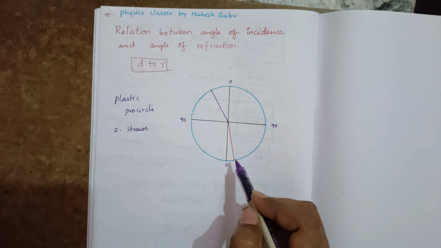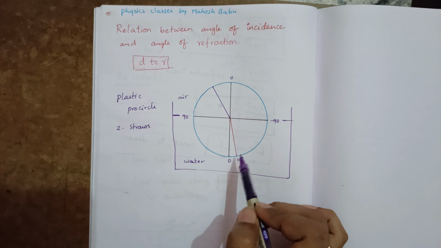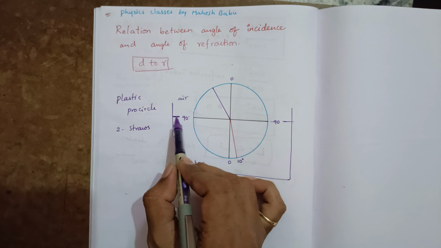So above the horizontal line is air, below the horizontal line is water. We should immerse the protractor circle in the transparent vessel by making the horizontal line the interface, with the part below immersed in the water and the part above in the air.